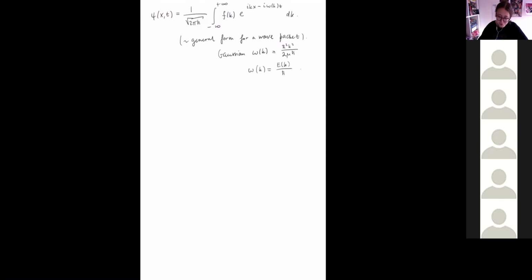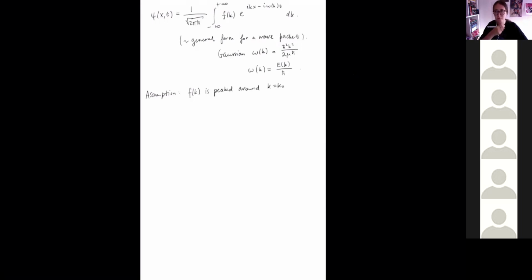Here we need to analyze the situation further, and make an assumption, which is that f of k, which determines the shape of the envelope, is peaked around some value k equals k0.